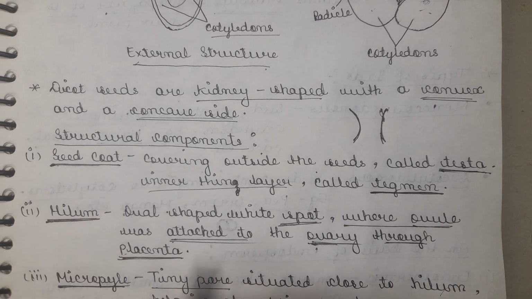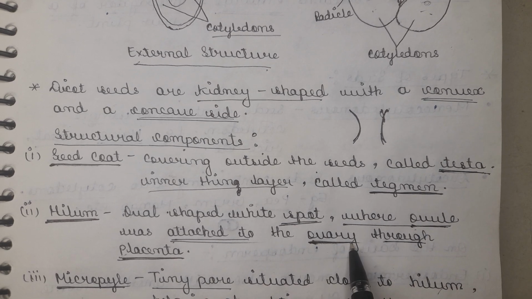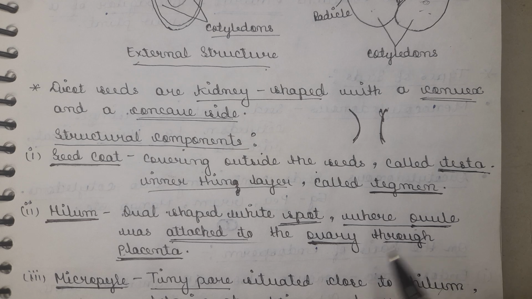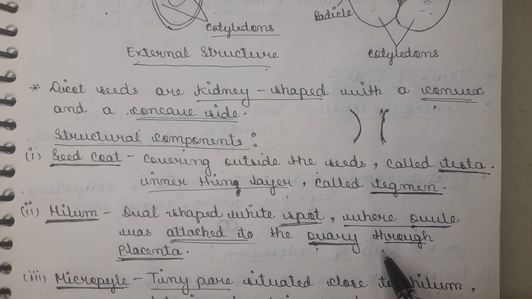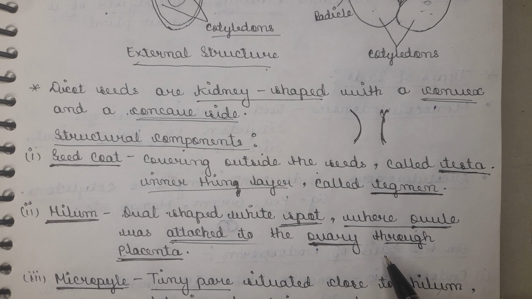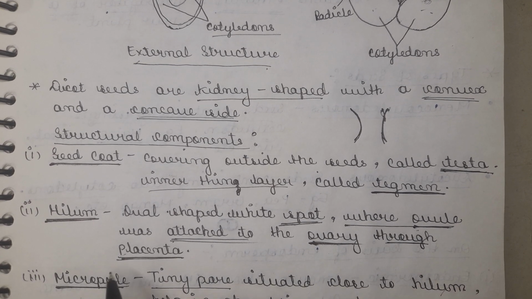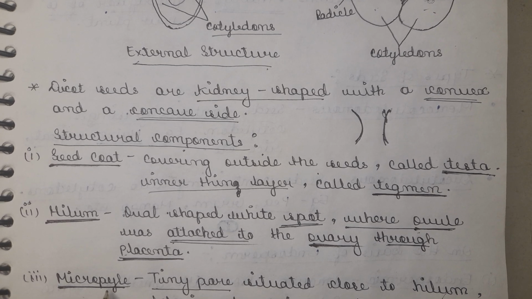So in this hilum region the ovules are attached to the ovary, as we have already seen in the fertilization process, in which there was another structure, the placenta, a tissue that helps to join the loculus.